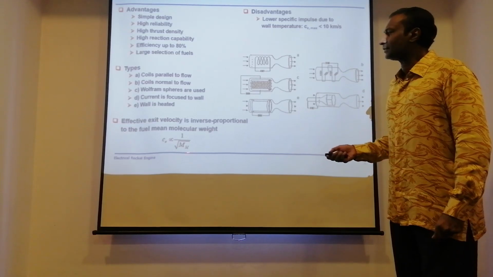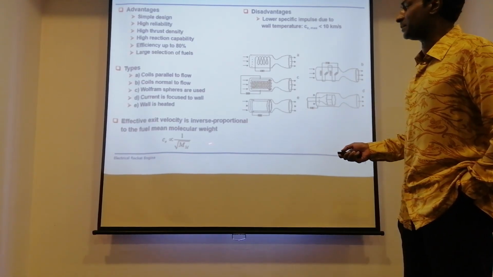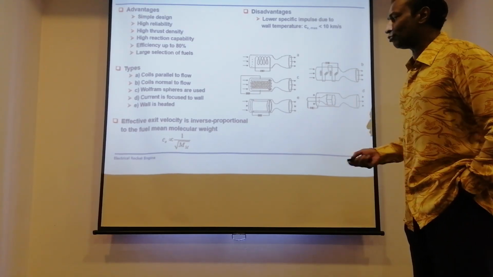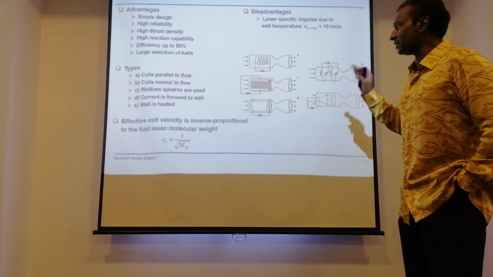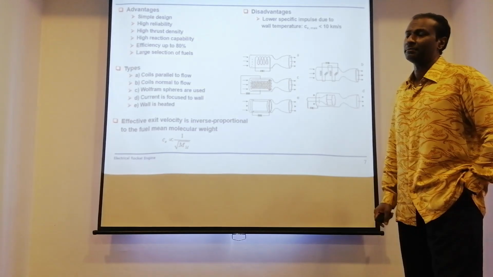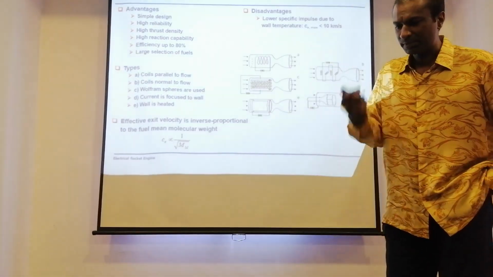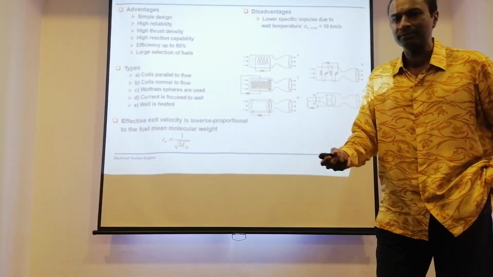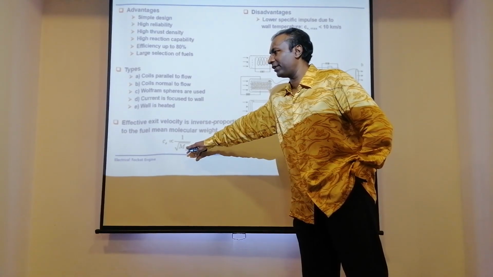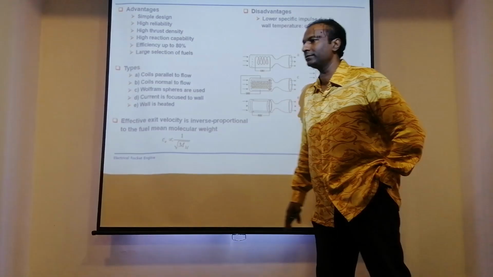Now, the effective exit velocity is basically the inverse of the mean molecular mass. I told you, remember, the effective exit velocity is very much governed by the mean molecular mass, because of the fuel you are splashing, which will give you good or bad results. If you have a very big mass, the value is going to drop.